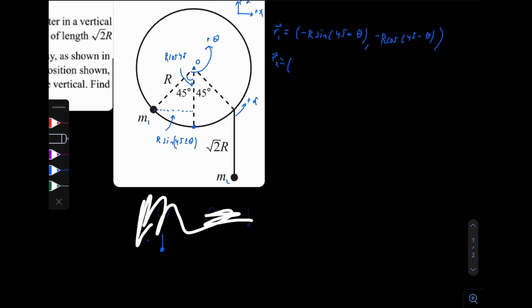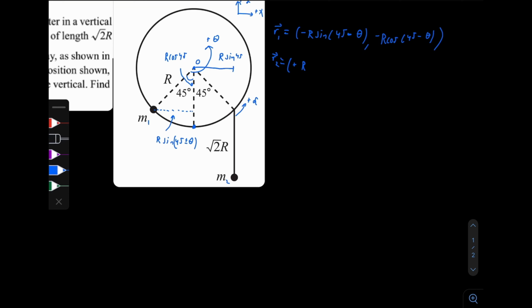Okay, so let's start with the x coordinate. What is this length here? Oh, it's the same as the other. It's going to be r sine 45 initially. And notice we're also to the right of the origin, so we're going to have a positive r sine 45.